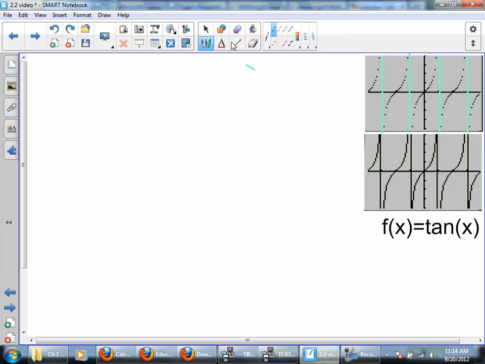Let's get one of these and make it green. Those of you familiar with trig, you'll know that this is pi over 2 right here. As our function gets closer and closer to pi over 2, it goes up to infinity, we get this vertical asymptote. Or similarly, from the left-hand side, as we get closer and closer to pi over 2, this goes to negative infinity, we get this vertical asymptote.